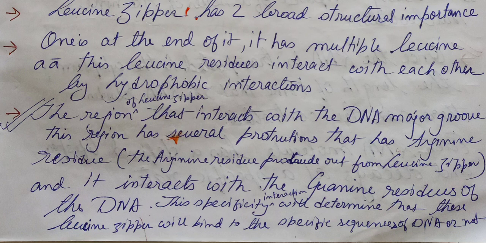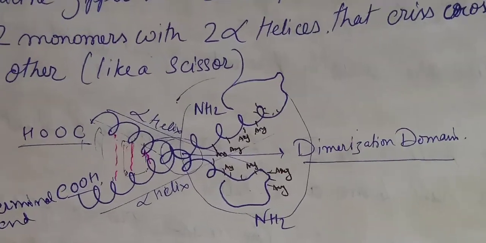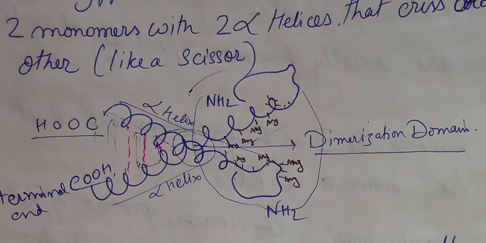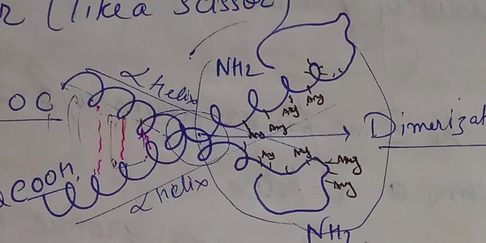The arginine residues protrude out from the leucine zipper. As I have tried to show you in this diagram, arginine residues are denoted by ARG. If you can see, it looks like ANY, but it is not, it is ARG in the black ink I have written.